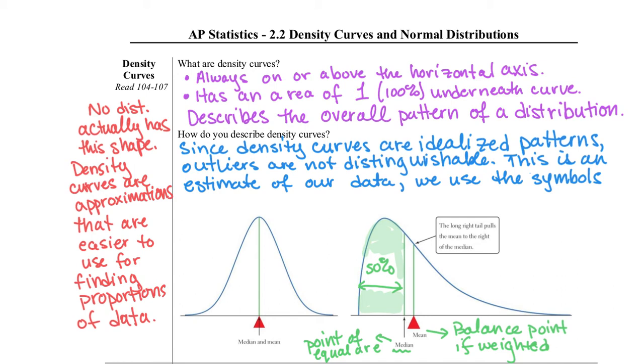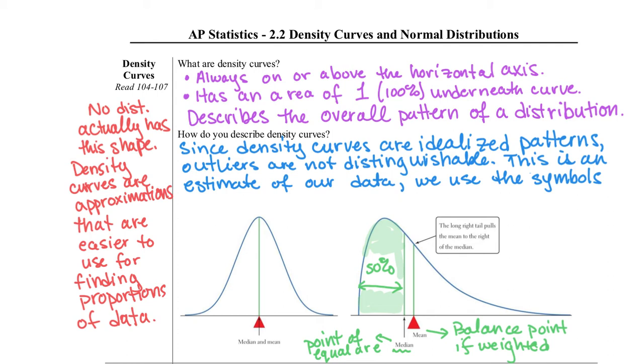So if we had to balance this on a fulcrum, those of you who know your physics, then 50% of our weight would be on this side, and the other would be on that side. So just think about that a little bit differently: the mean is where this would balance perfectly.